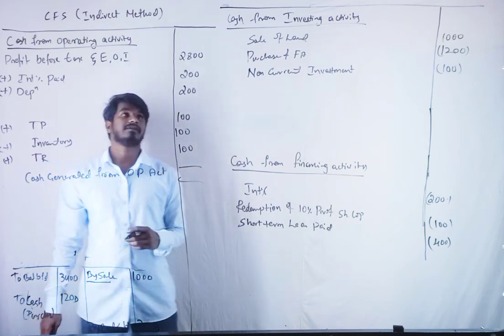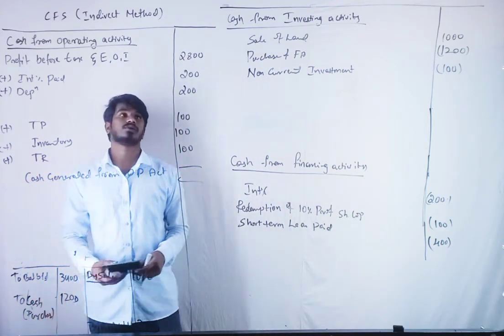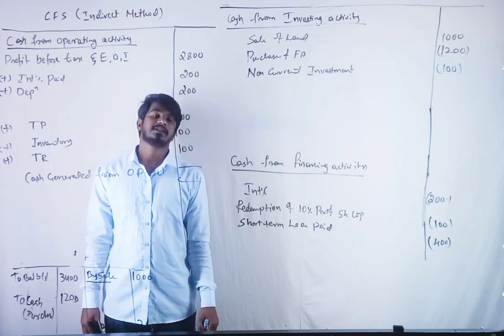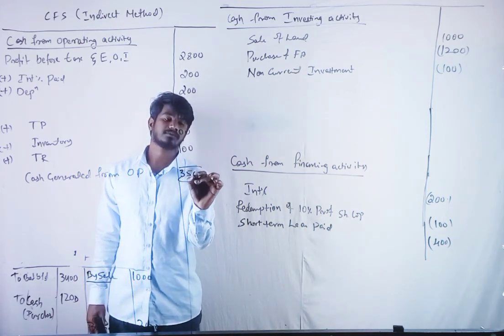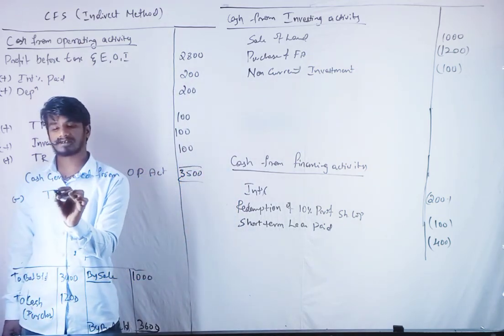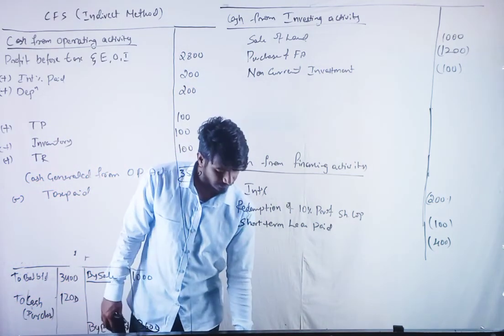How much? 2800, 3000, 3200, 3500 we have generated. Out of this we will minus the tax. How much tax is there?